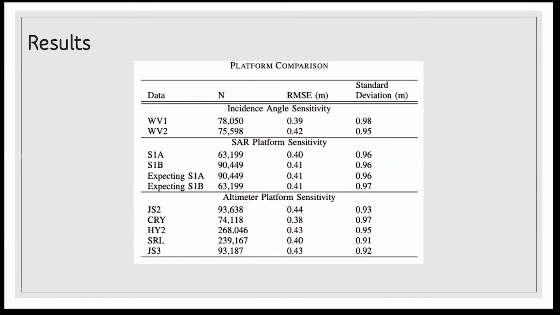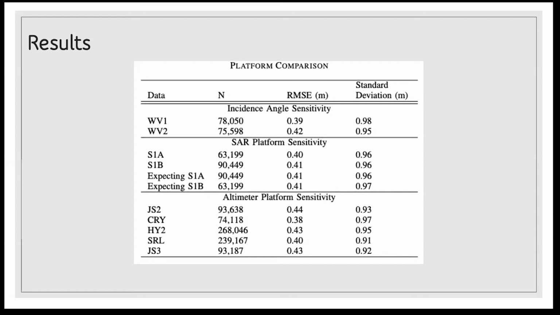We also perform a platform comparison. Essentially, we compare our performance based on the incidence angle, the angle at which we collect data. We can see that there's not much of a difference, which is promising because it shows that our model can be generalized to different types of incidence angles.